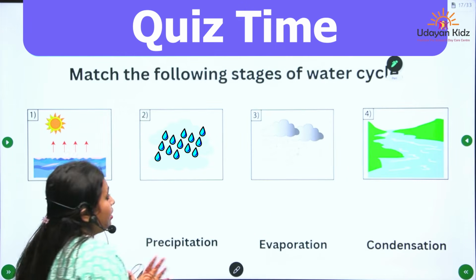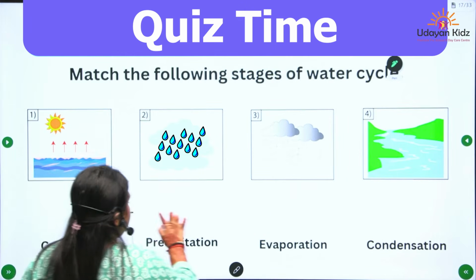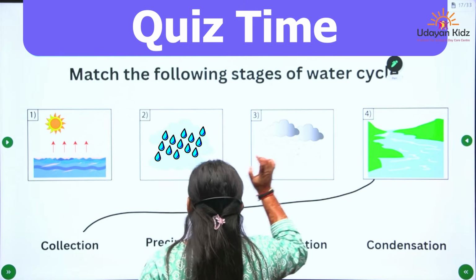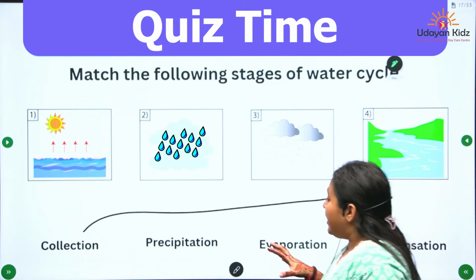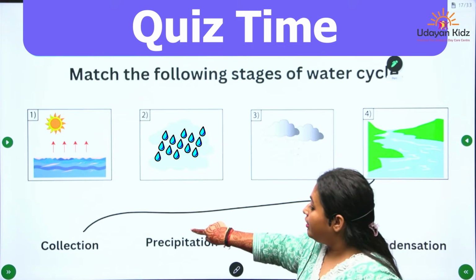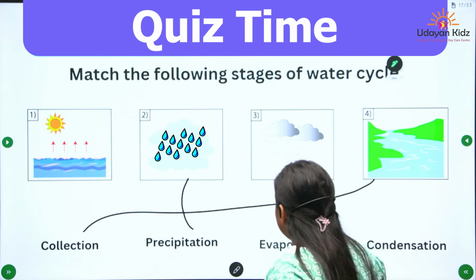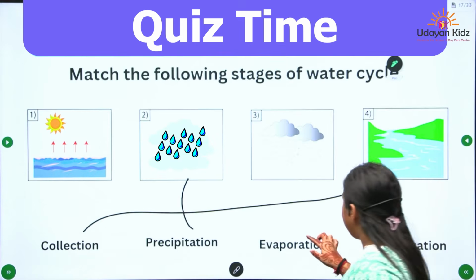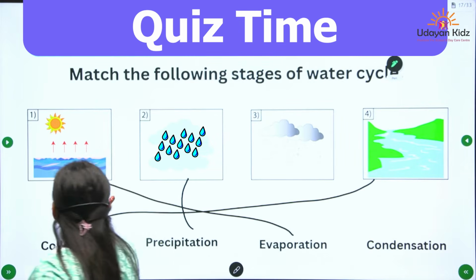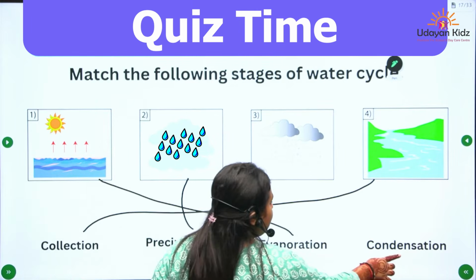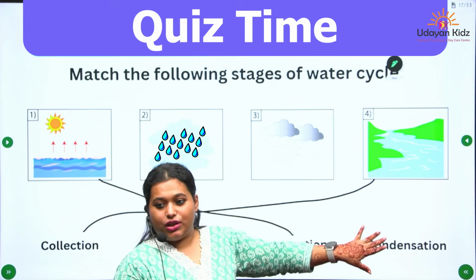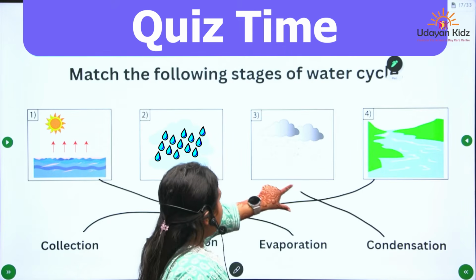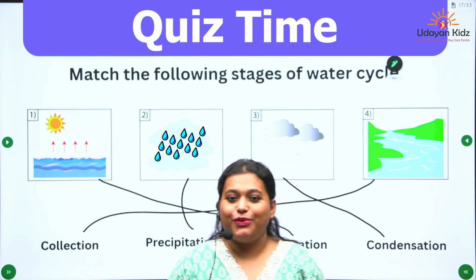Where is collection? Yes. Next is precipitation. Yes. Third is evaporation. Evaporation is air. And next is condensation. Yes, very good.